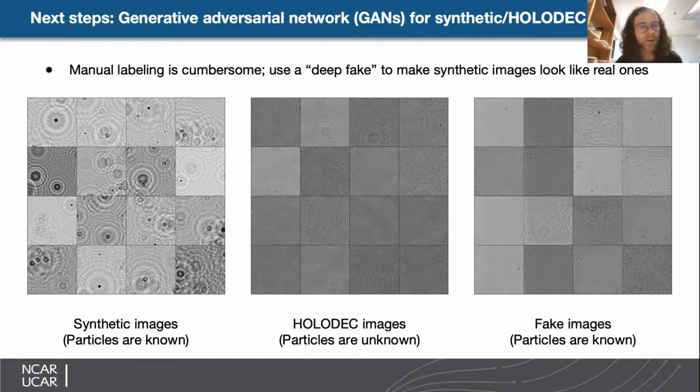What we're going to try to do is something we already have in operation, a preliminary result. The image on the right is a synthetic image that we passed through a GAN, and the GAN made it look more real. But the critical difference between the middle image and the image on the right is that we know where the particles are on the right. So we can use the images on the right as training data.